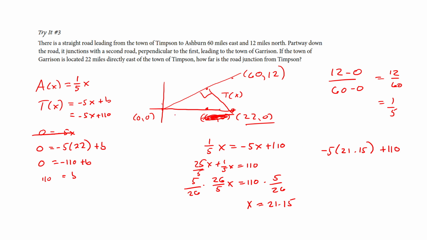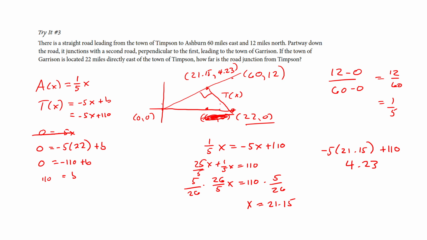I'm using the Timpsonville line. And I get 4.23. I think everything's right, but I'm a little surprised with all these numbers. So 21.15 and 4.23. Okay, now that's the point right there of the junction.